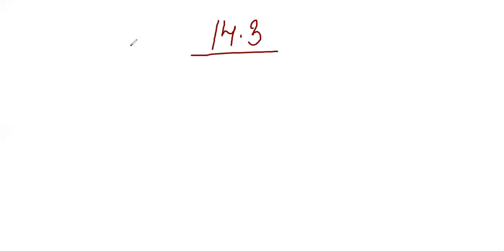Next, there is a little difference in the fourth question. The length of 40 leaves of a plant are measured correct to 1 millimeter and the obtained data is represented in the following table.